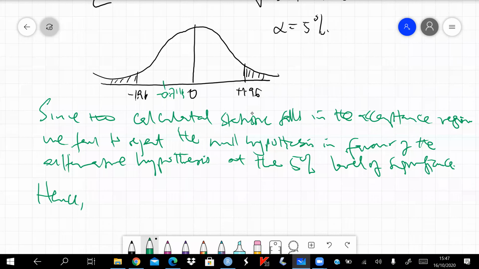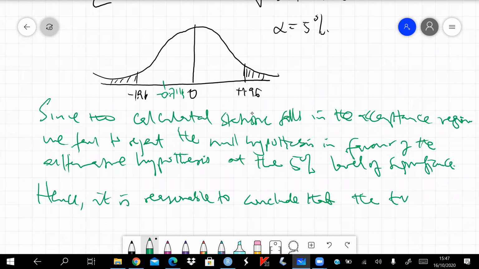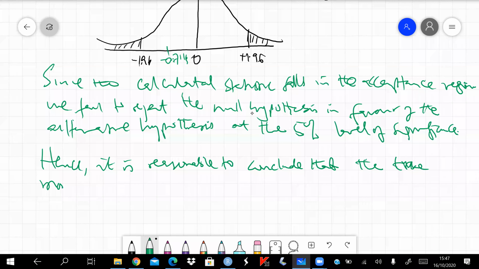Hence, it is reasonable to conclude that the true mortality rate for the age under consideration is 0.2.